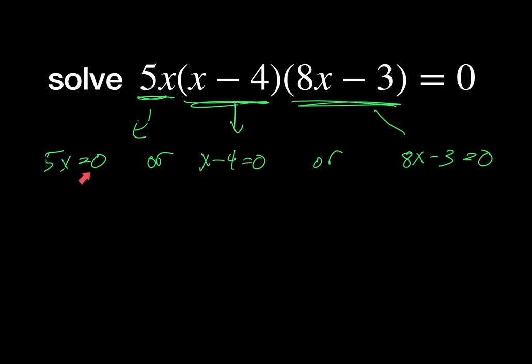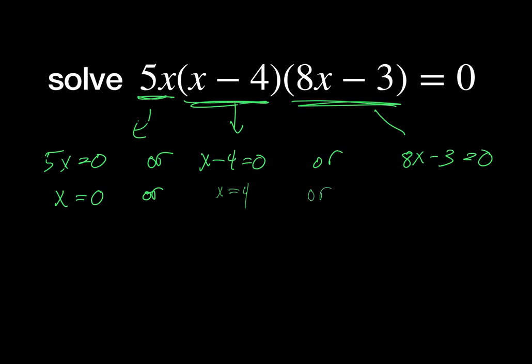So over here, if 5x equals 0, solve for x, so I divide by 5. X is 0 over 5, which is 0. So x is 0, or, all right, gonna solve for x, add 4 to both sides, x equals 4.